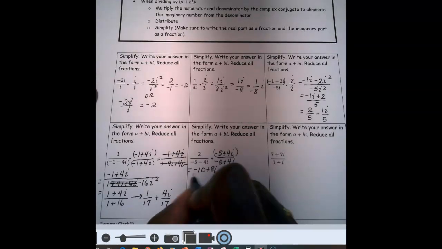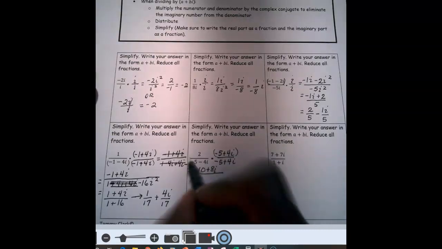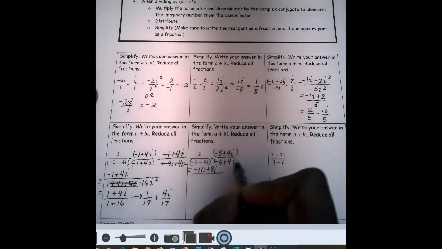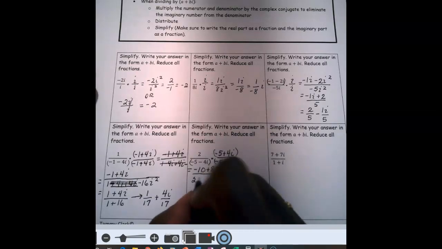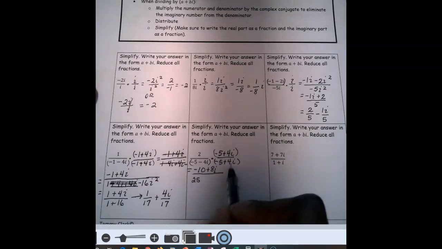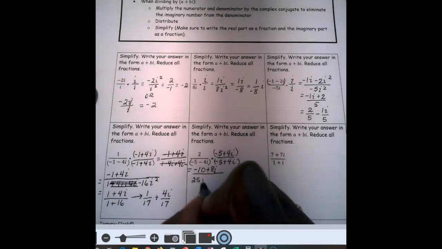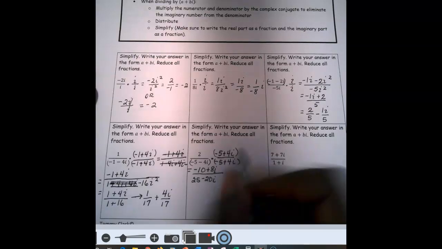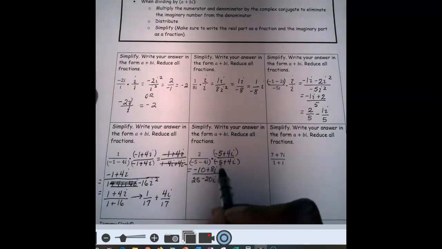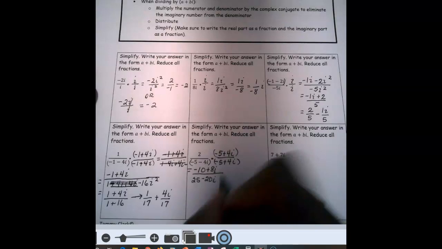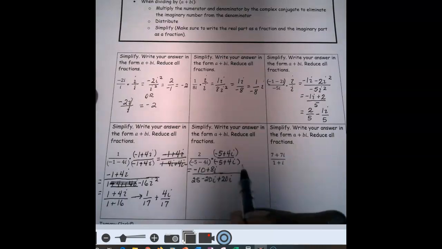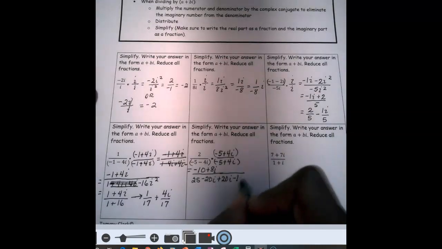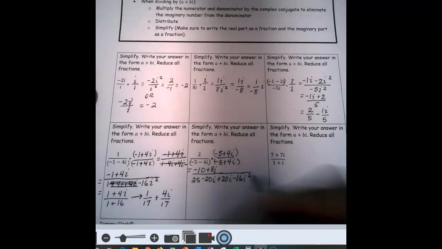And in the denominator, I have negative 5 times negative 5 is positive 25. Negative 5 times positive 4i is negative 20i. Negative 4i times negative 5 is positive 20i. And negative 4i times positive 4i is negative 16i squared.